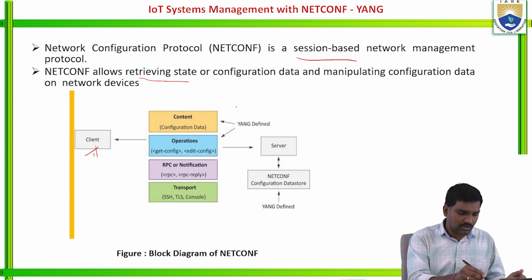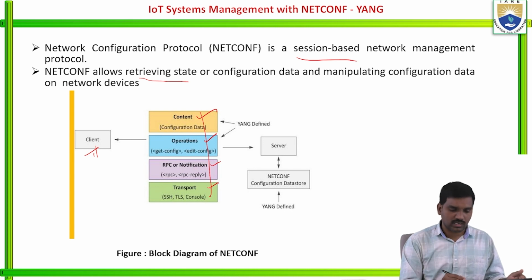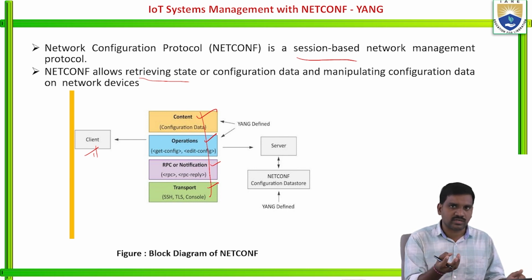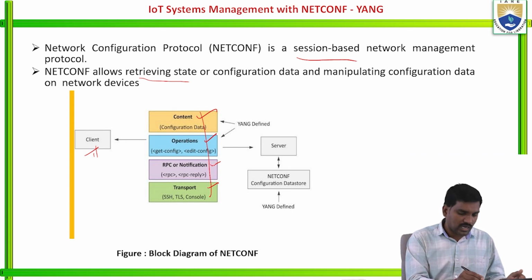From the client we have different components like content, operation, RPC or notification, and transport protocol. In content, we can configure the data, as we mentioned in the components of IoT device management with network configuration. Next, operations, which type of operations can be done, and RPC, remote procedure call, or notification, RPC reply. The transport is SSH, TLS.